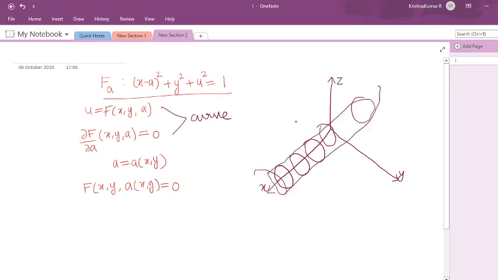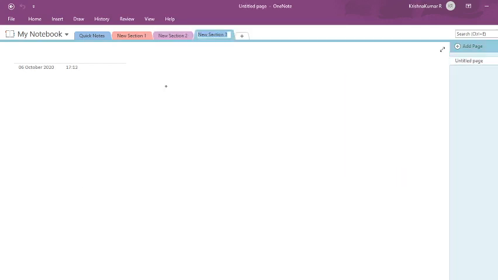Now we will see what the integral surface is, and how to get our integral surface from this. For this, as in the case of quasi-linear PDE, what we did is we converted the partial differential equation to an ordinary differential equation. We wrote the characteristic equation, and when we solved it, we got the characteristic curves.